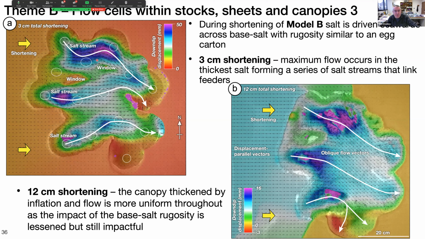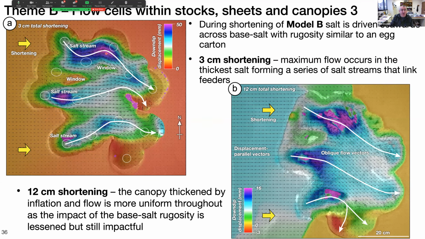And then what we can also do is see in model B here the impact of basal rugosity on flow here. I'm showing vectors of displacement during the shortening stage here.